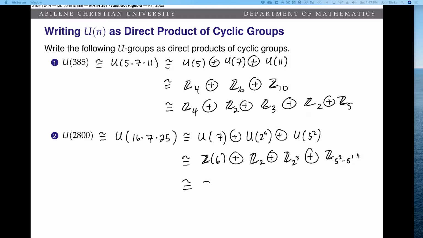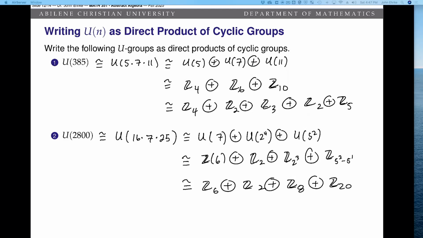So we would have Z6 direct product Z2, direct product Z8, direct product Z20. So now I've completely deconstructed U2800 into these direct product of 4 cyclic groups that hopefully we understand pretty well.